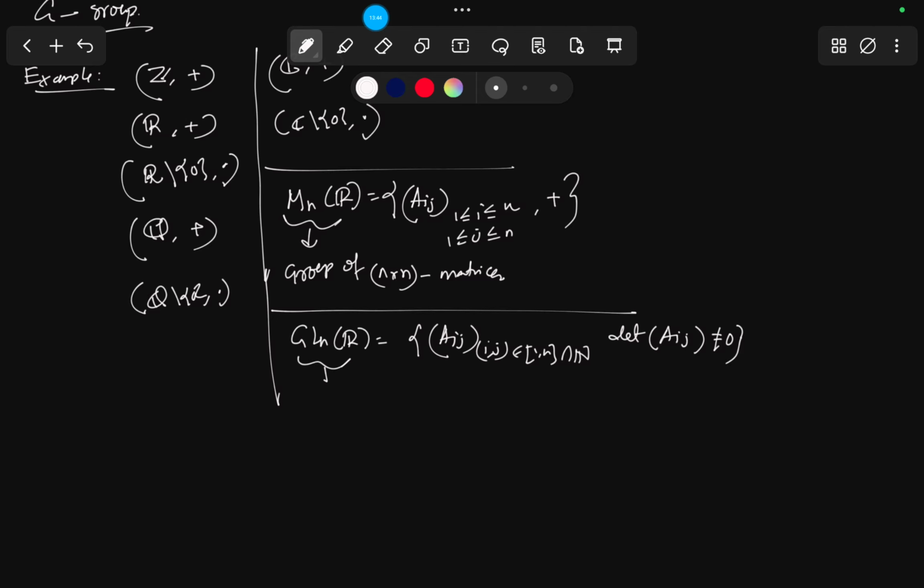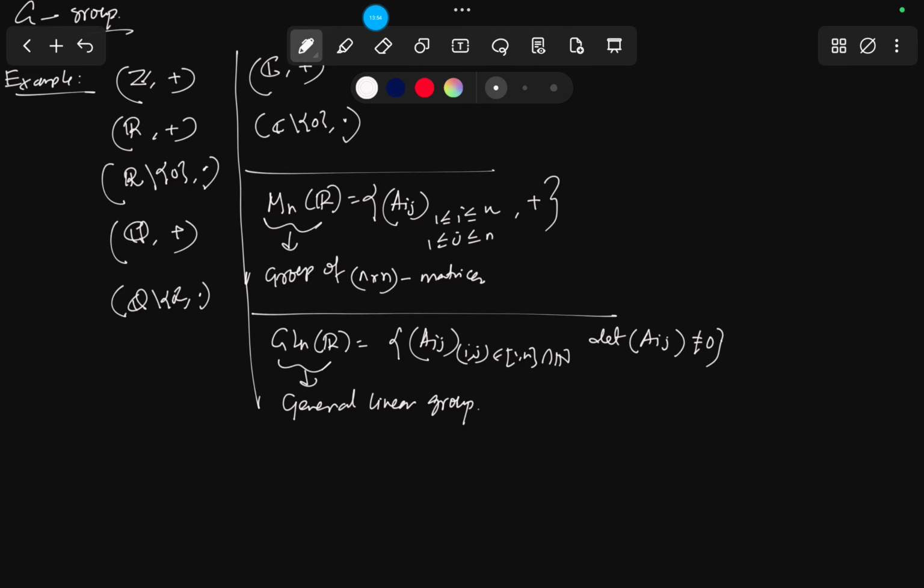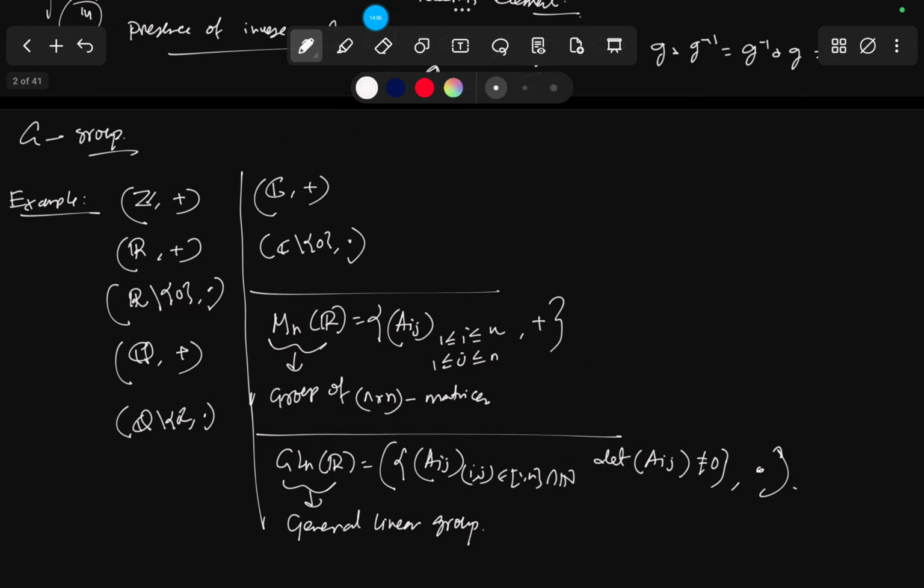This is said to be the general linear group. This is a group with respect to matrix multiplication.